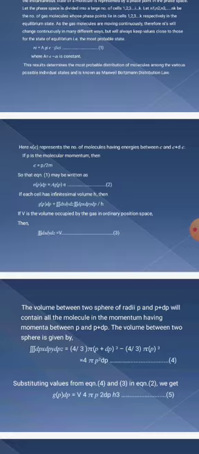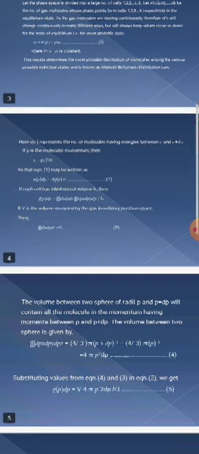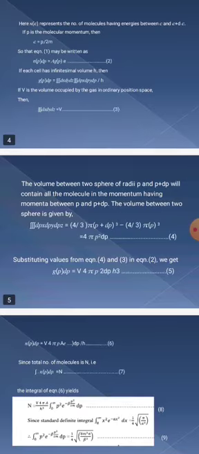If the volume V is occupied by the gas in the ordinary position space, then the integral of dx dy dz is equal to V. The volume between the two spheres of radii p and p plus dp will contain all the molecules having momenta between p and p plus dp.